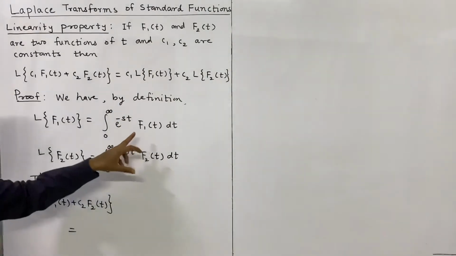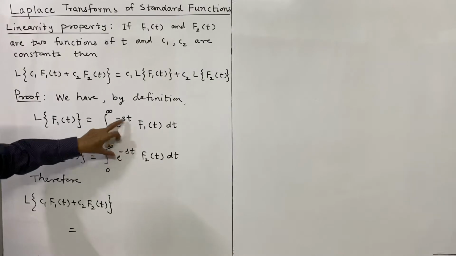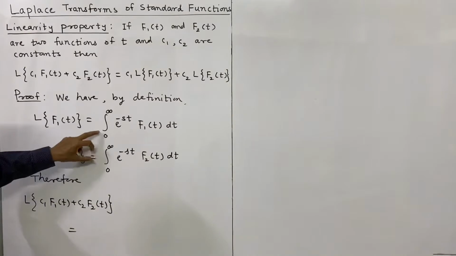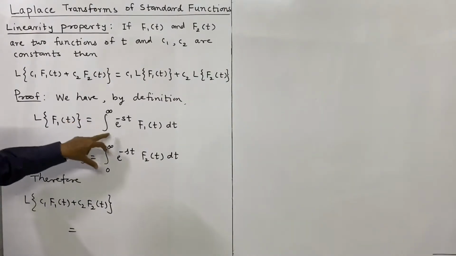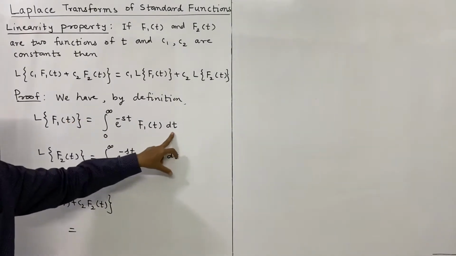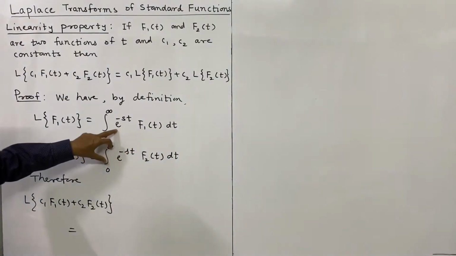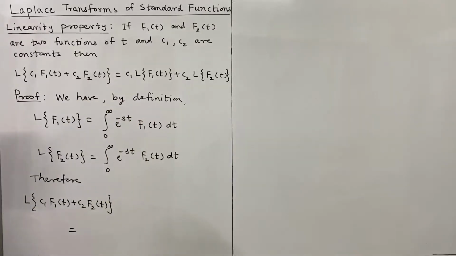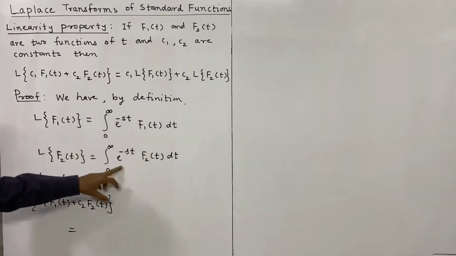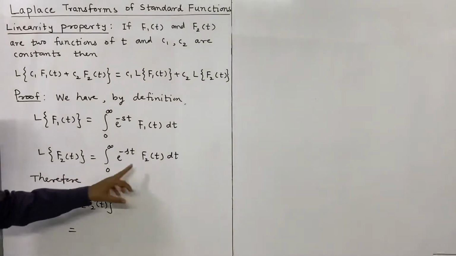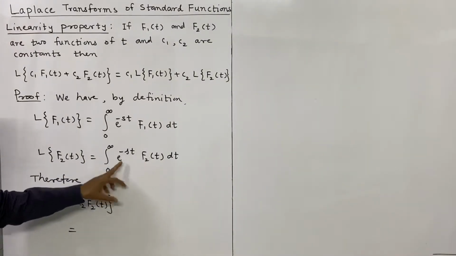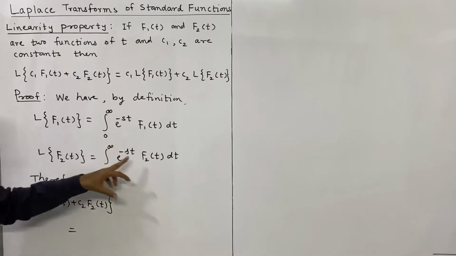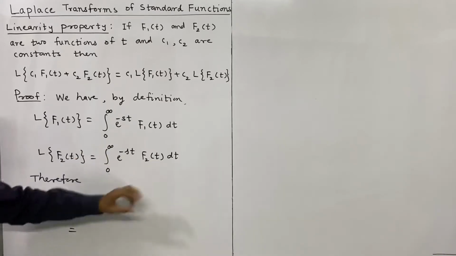We have seen in our last lecture that e to the power minus st is the kernel of Laplace transform. It remains the same. The integral also is fixed from 0 to infinity and the integration is with respect to t. So f1 is multiplied by e to the power minus st and then integrated between 0 to infinity to get the Laplace transform of f1. Similarly, to get the Laplace transform of f2, f2 is multiplied by e to the power minus st and then integrated from 0 to infinity with respect to t.